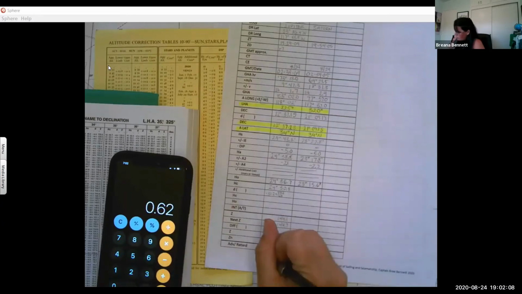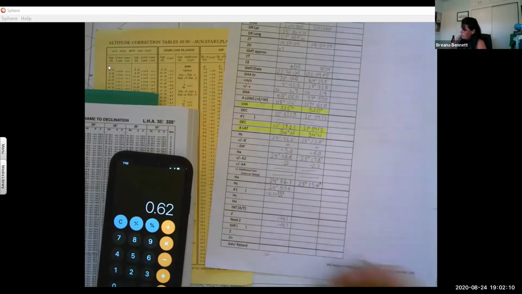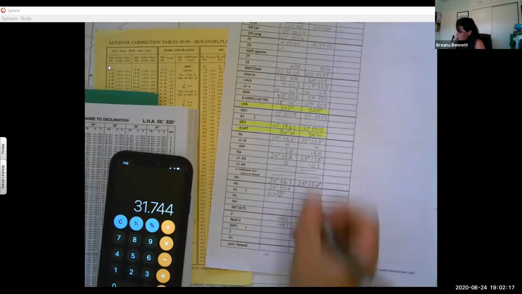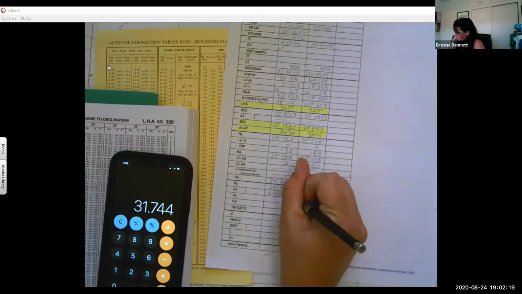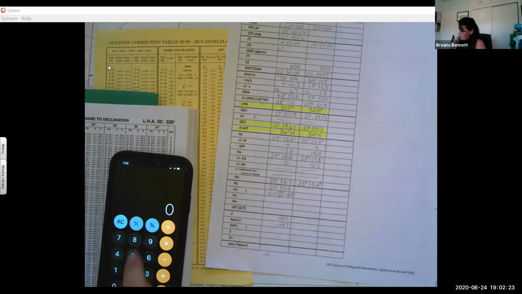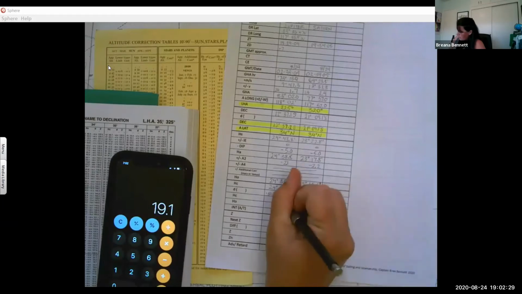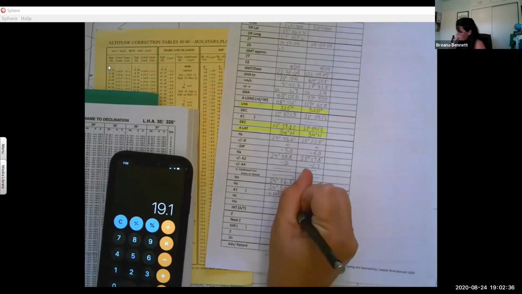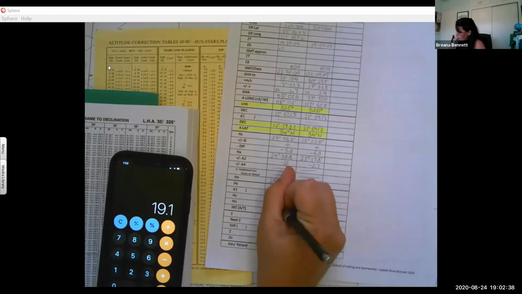Make a note of that, 0.62. Then I'm going to times that by 51.2, gives me minus 31.7. So I have 50.8 minus 31.7, gives me a calculated altitude of 19.1 minutes, 24 degrees.